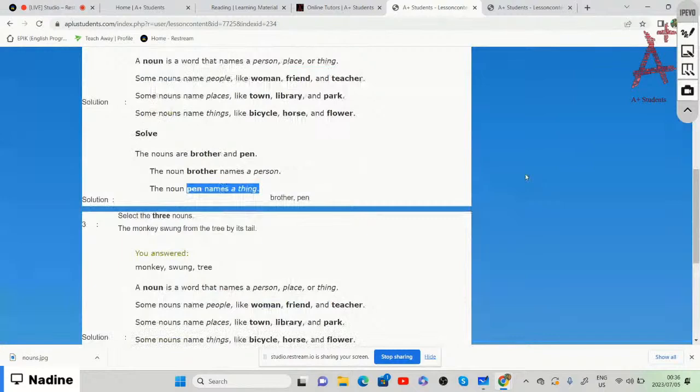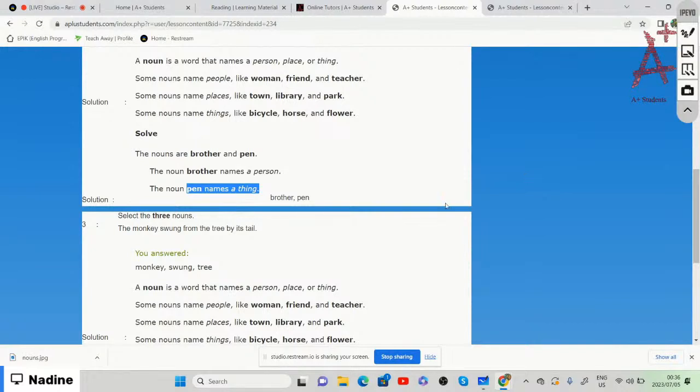Okay, so now they want us to select three nouns within the sentence. The monkey swung from the tree by its tail.